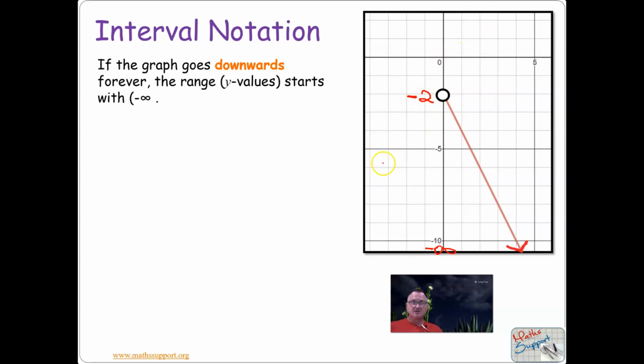So what this means is all of the y-coordinates are less than -2. If we did that in interval notation, it would be parenthesis, negative infinity, comma, -2, parenthesis. That means the exact same thing.